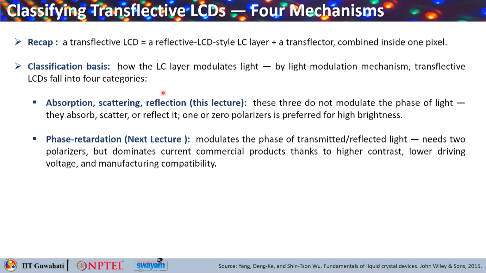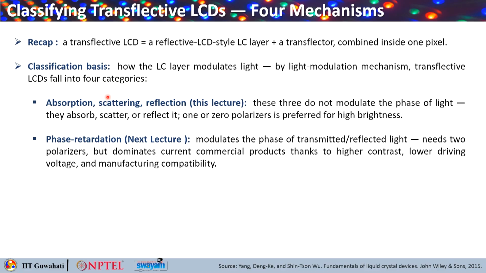So the classification is basically done based on how the liquid crystal layer is modulating light. So that is mainly by the light modulation mechanism, and through that the transreflective LCDs can be divided into 4 categories. The first 3 types are absorption, scattering and reflection types, which will be covered in this lecture.